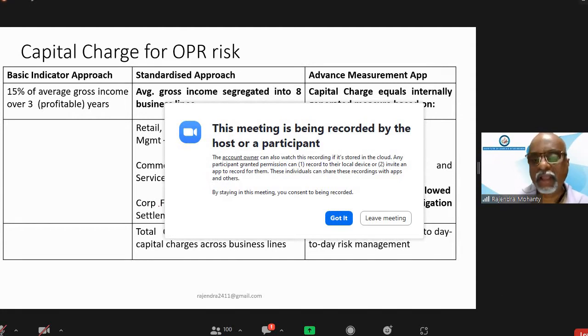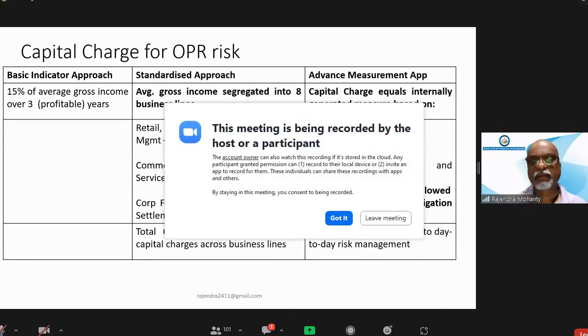So for 12% you calculate the capital, and with 15% calculate the next capital. Suppose this is C1, and we arrive at C2 by multiplying with 15%, then C3. So the total capital under the standardized approach for operational risk will be C1 plus C2 plus C3. Is it clear?